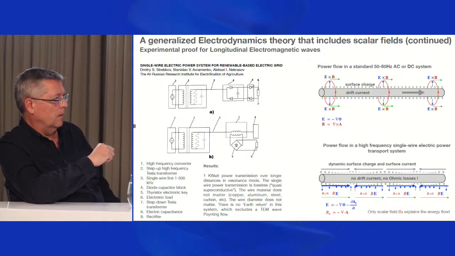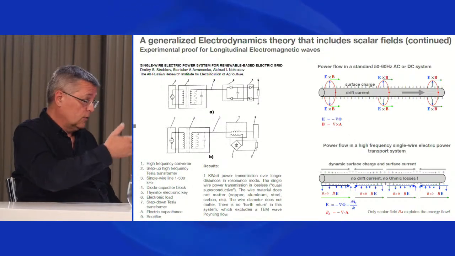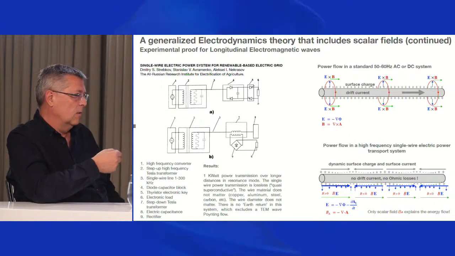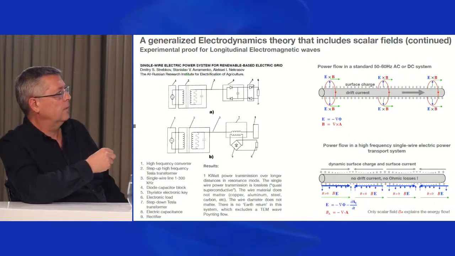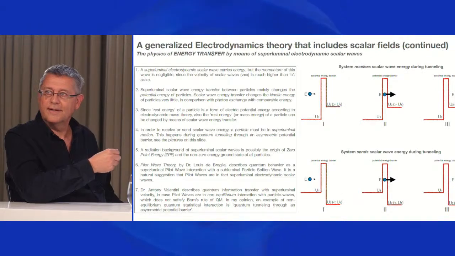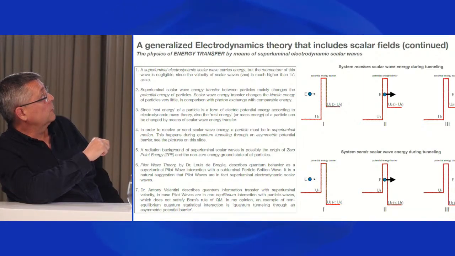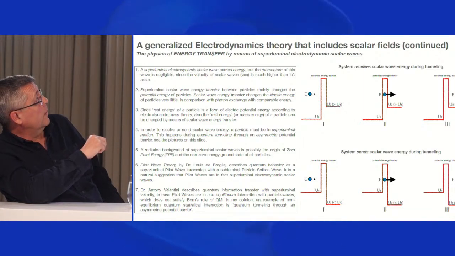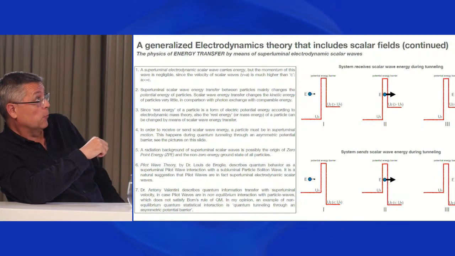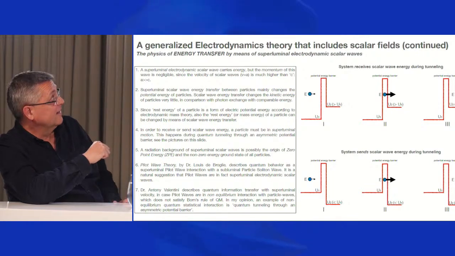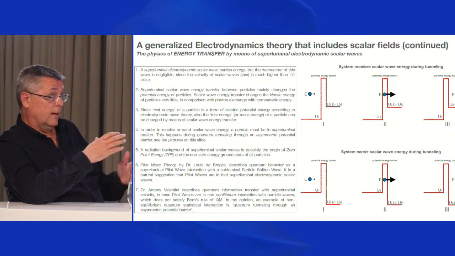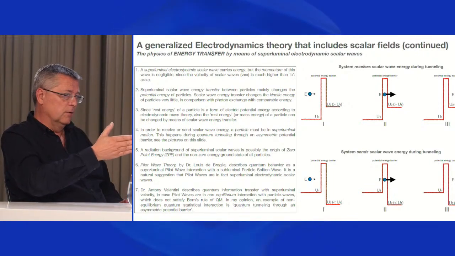Now, I would like to point out some evidence for the superluminal wave in the next slide. In the next slide, please. So we have also energy transfer by means of superluminal electrodynamic scalar waves. That's a whole mouthful. But the difference here is that the wave is much faster than the speed of light.